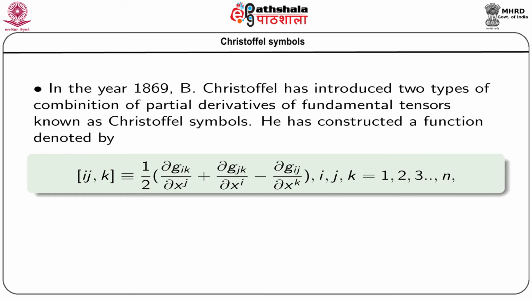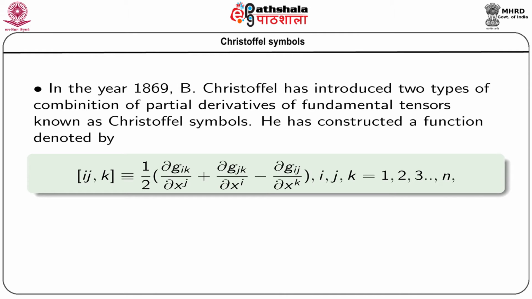In the year 1869, B. Christoffel introduced two types of combination of partial derivatives of fundamental metric tensors known as Christoffel symbols. He constructed a function denoted by the third bracket [ij, k].